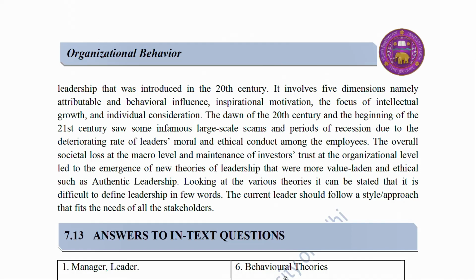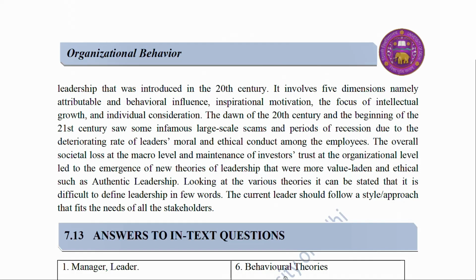The dawn of the 20th century and the beginning of the 21st century saw some infamous large-scale scams and periods of recession due to the deteriorating rate of leaders' moral and ethical conduct among the employees.